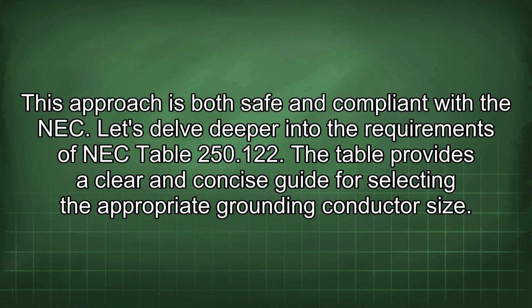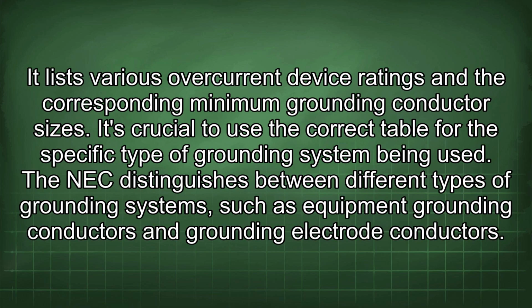Let's delve deeper into the requirements of NEC Table 250.122. The table provides a clear and concise guide for selecting the appropriate grounding conductor size. It lists various overcurrent device ratings and the corresponding minimum grounding conductor sizes. It is crucial to use the correct table for the specific type of grounding system being used.